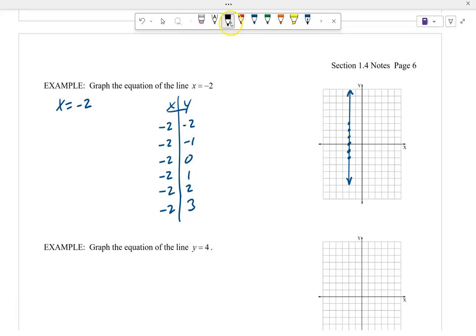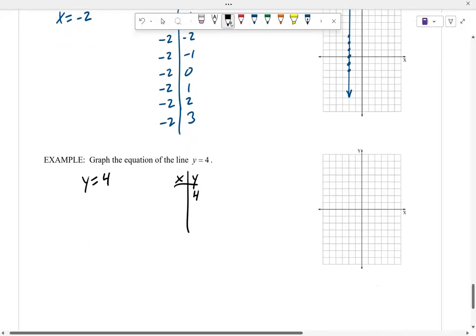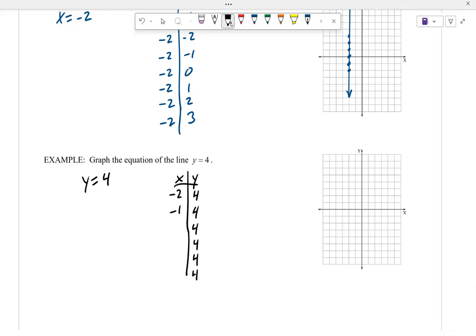Whereas if you have y equaling a number, I'll just do it the other way around. Y is always 4. It doesn't matter what x is. Throw in whatever x's you want. Y is always 4 here. So negative 2, 4.